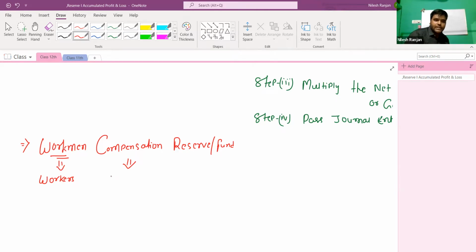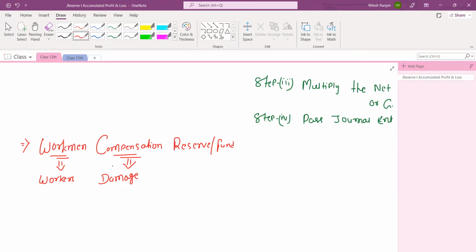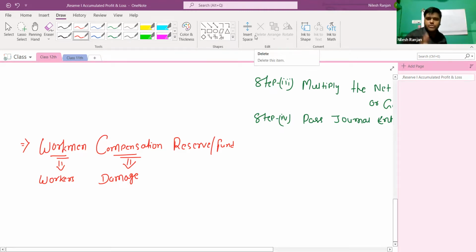In case of damage, you have to pay some compensation to him. That compensation is very high. If a person dies, then the compensation is very high. And if a body part is damaged, then you have to pay an amount which is high but not so high.